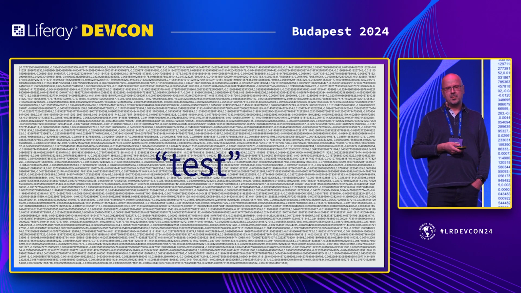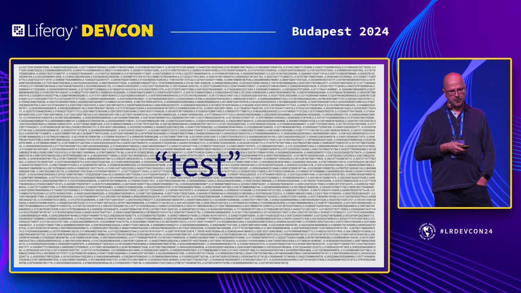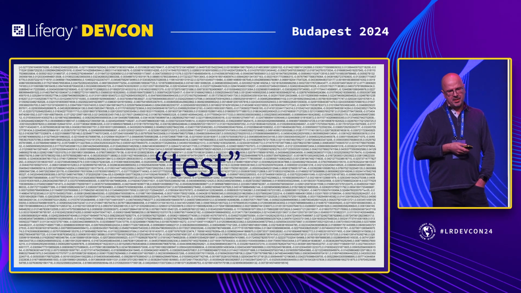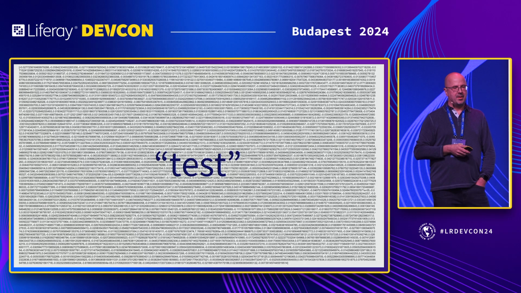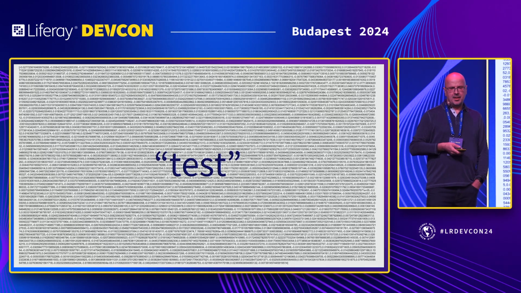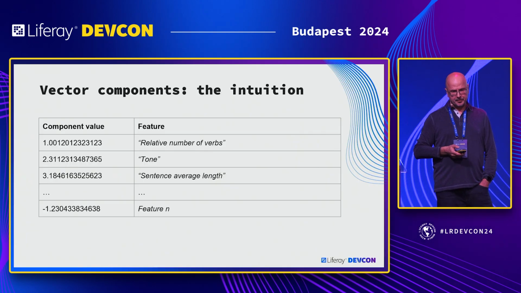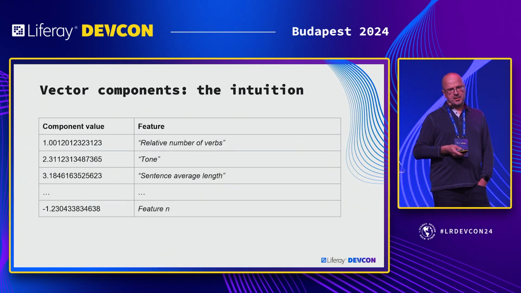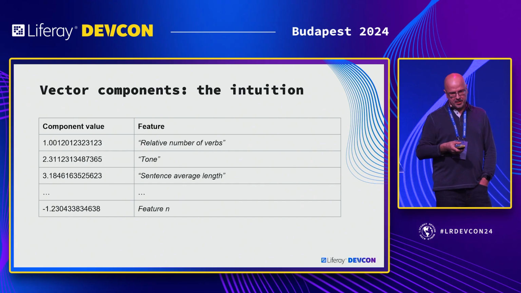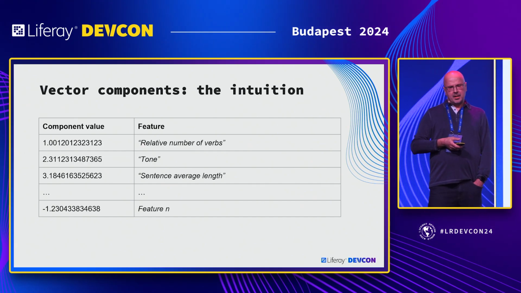Now, one might also wonder, what do all these numbers actually mean? Each number represents some characteristic of this text. They are what we call features in machine learning. If we flip this vector into a table like this, the intuition looks like this.